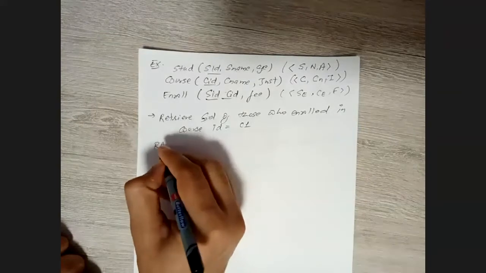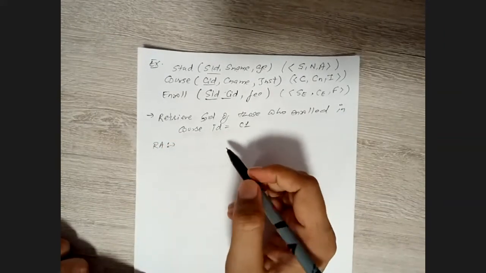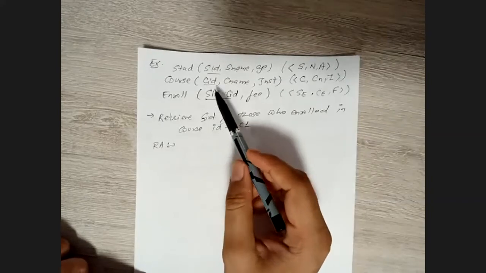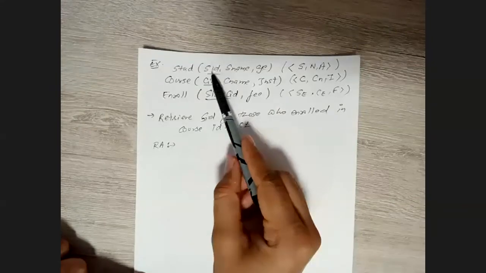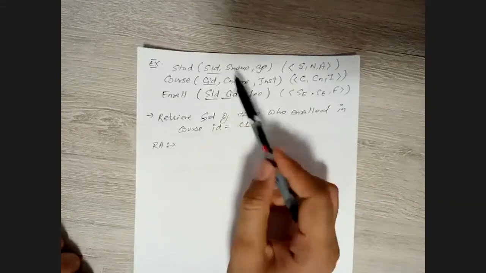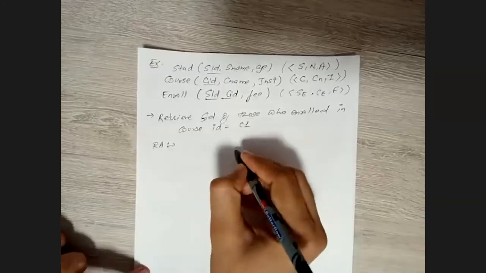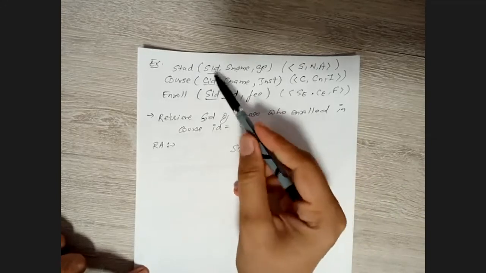So firstly, we can write the relational algebra query here, right? So again, what tables do we want? SIDs, that's from student. And then we need the CID, which we can have from the enroll table. So between student and enroll, we have the common attribute SID.